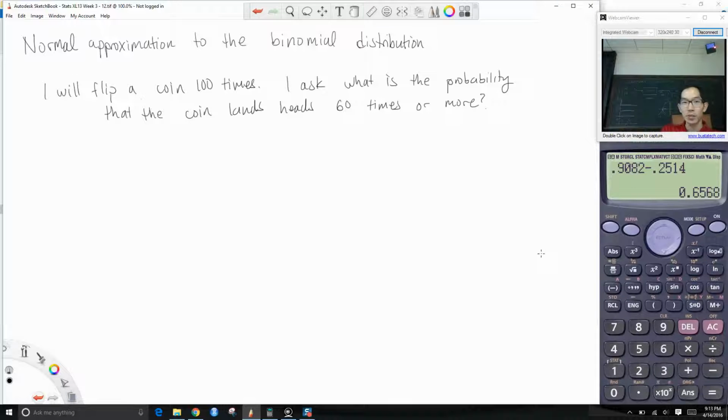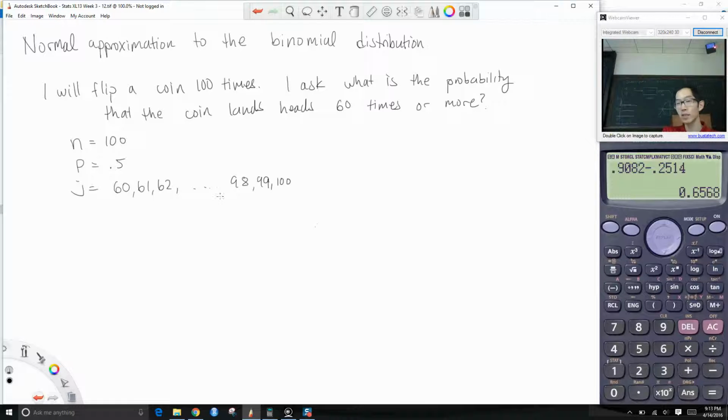And so, I said for normal problems, you have to have an n, you need a p, and you need a j, right? So our n here would be 100. If we're assuming a fair coin, our p is 0.5, and our j would be what? Our j would be 60, 61, 62, all the way up to 98, 99, 100.